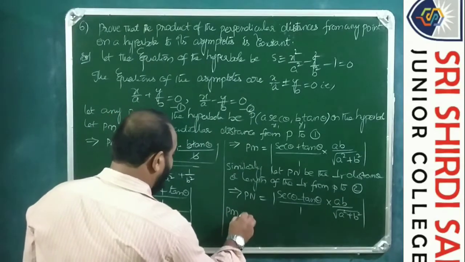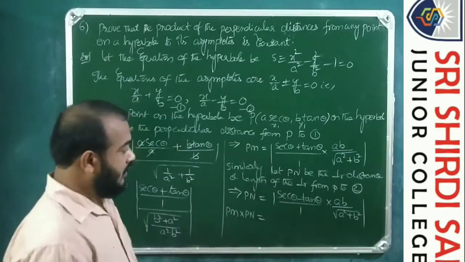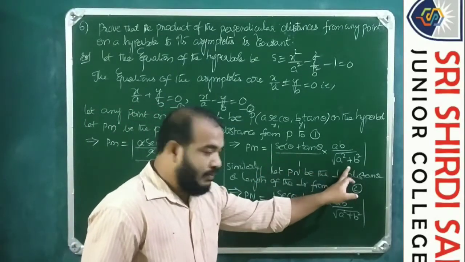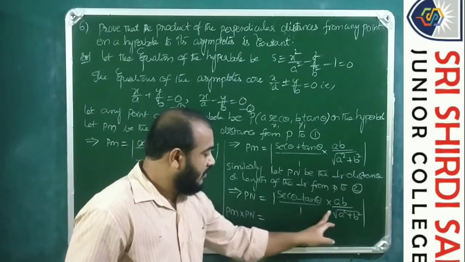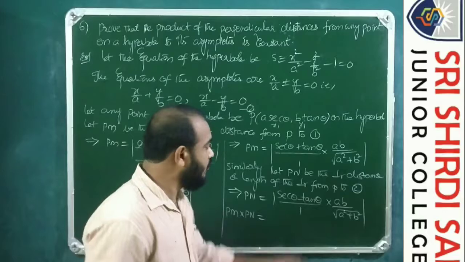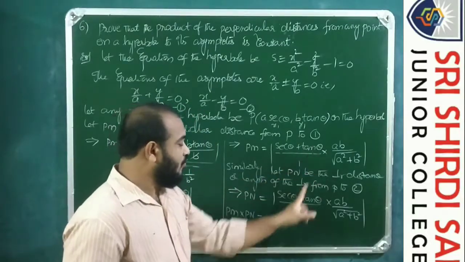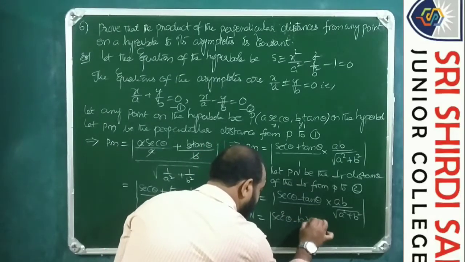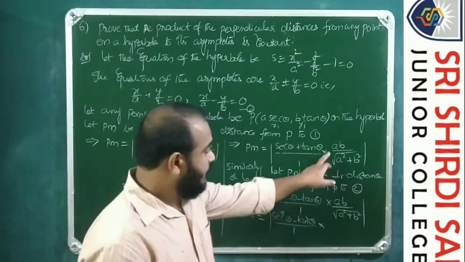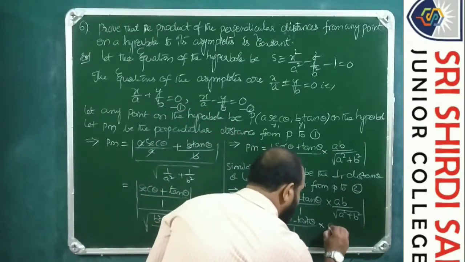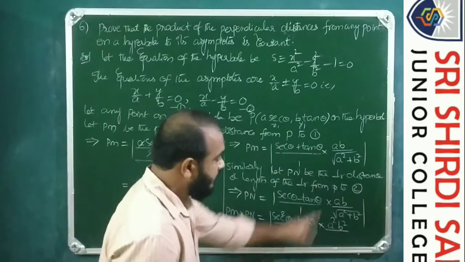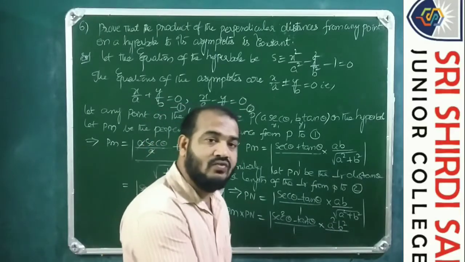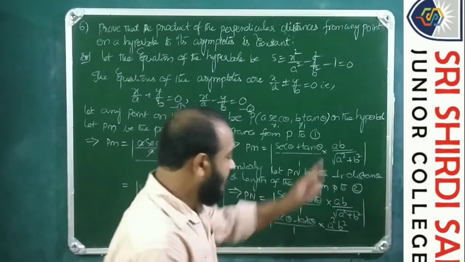Now the product of the perpendiculars PM into PN is equal to this into this. So secant theta plus tan theta into ab by root of a square plus b square into secant theta minus tan theta into ab by root of a square plus b square. Secant theta plus tan theta into secant theta minus tan theta is secant square theta minus tan square theta, which is 1. ab into ab is a square b square, and root of a square plus b square into root of a square plus b square is a square plus b square, so the square root gets cancelled.